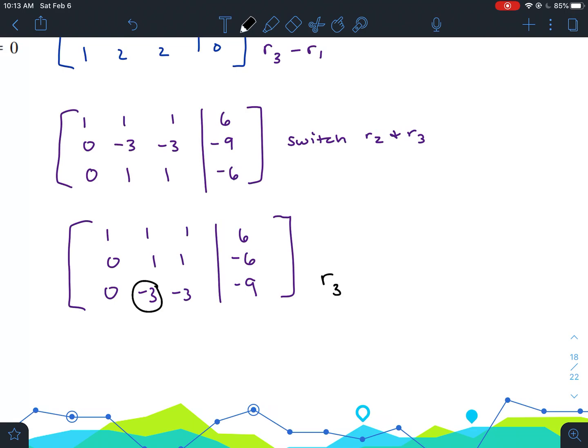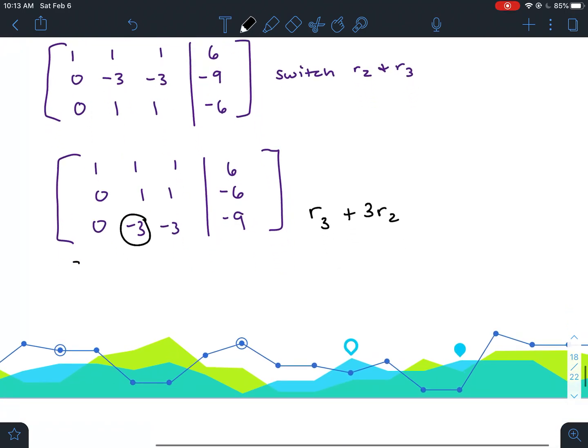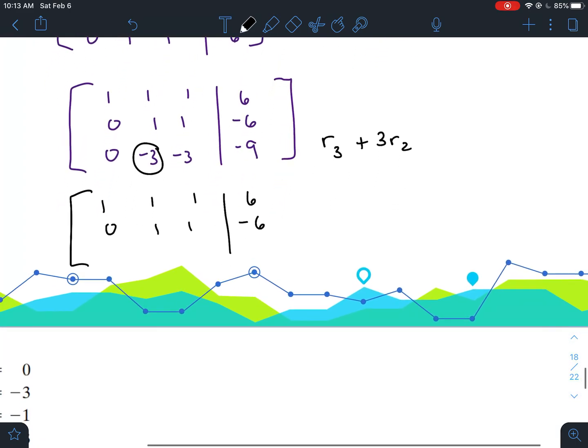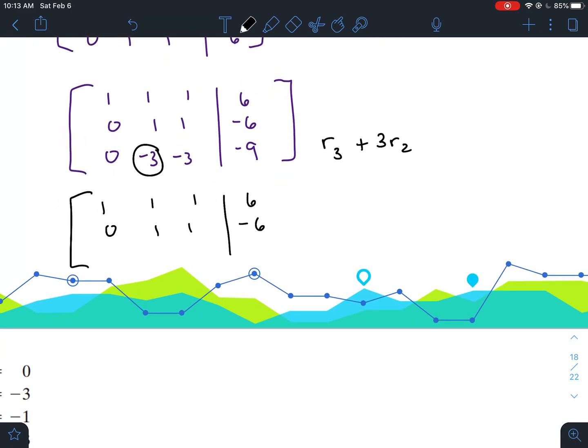So I'm going to do row 3 plus 3 times row 2. And so if I did that, I would get 1, 1, 1, and 6. I would do 0, 1, 1, and negative 6. And then if I did row 3 plus 3 times row 2, I would get 0, 0, 0.